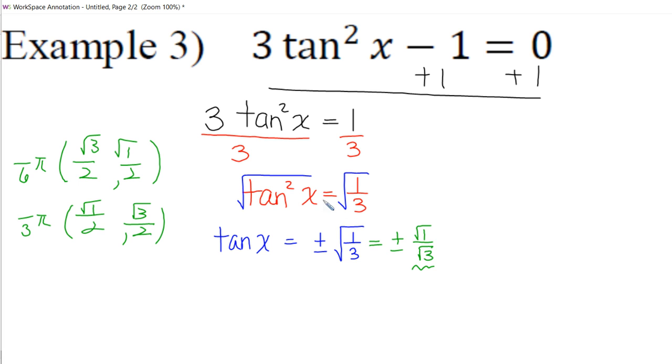And I understand that this is not a rationalized version of it, which is kind of okay with me. Here's the reason why. This means on my numerator, I must have something that's related to root 1. Then on my denominator, I must have had some point that must have had root 3. And tangent is actually y over x. So that means on my numerator, I had root 1, and on my denominator, I had root 3. So this one has to be where it's going to be y over x.